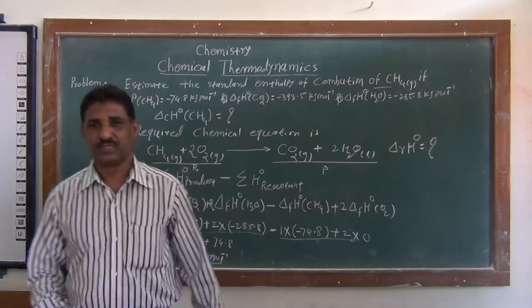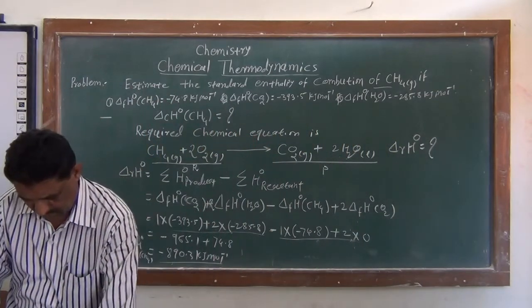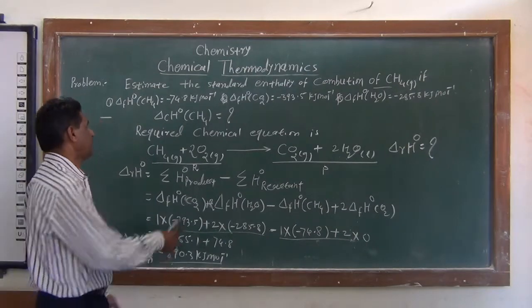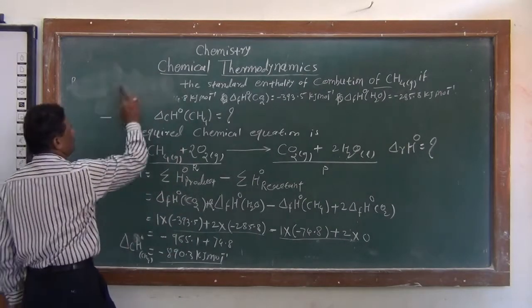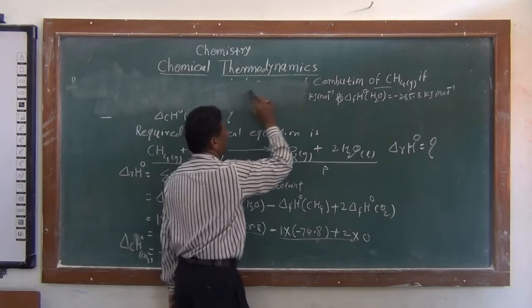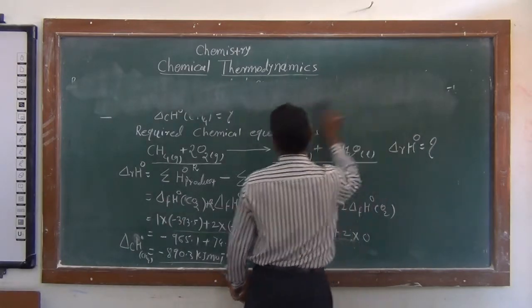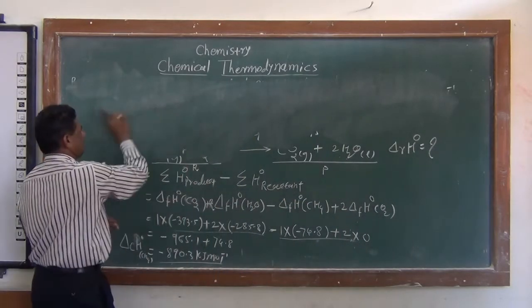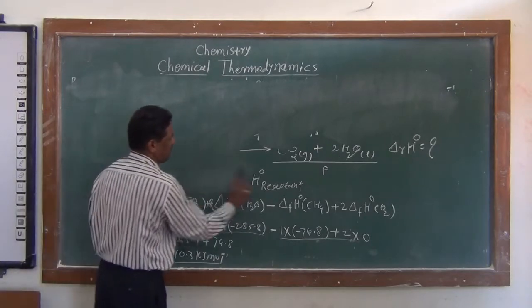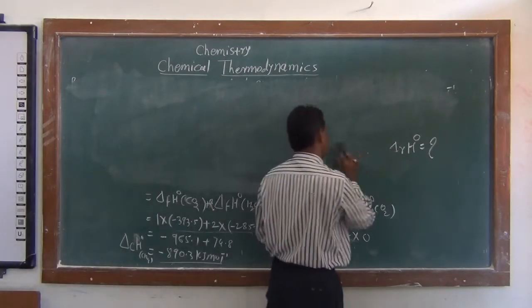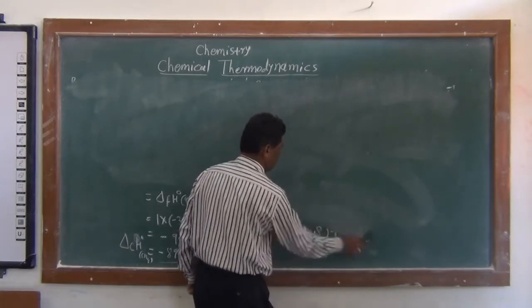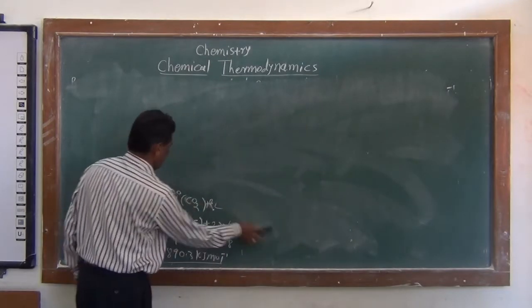Now we see the next point, that is bond enthalpy. Here we see the change in enthalpy in reactions, that is the formation reaction, the combustion reaction, a number of reactions.